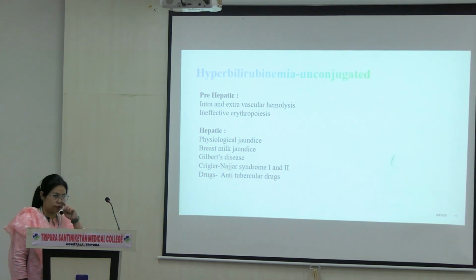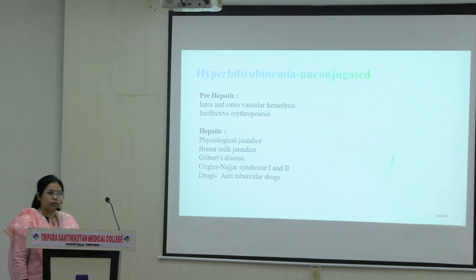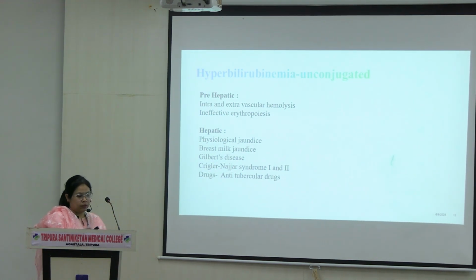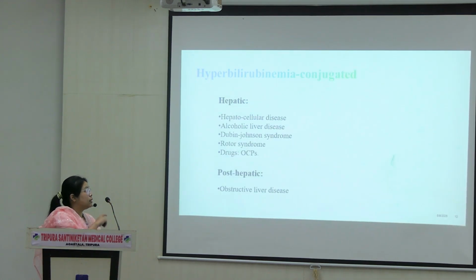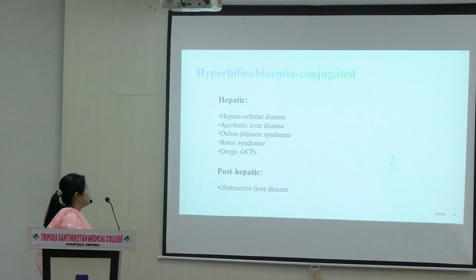Babies die within 2 years of age. In type 2, there is no complete deficiency. There is formation of some of these enzymes, जिसकी वजह से they have a fairly good life compared to type 1. I'll go through all of these when we talk about heme catabolism.